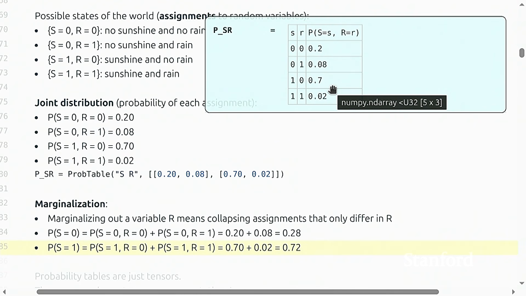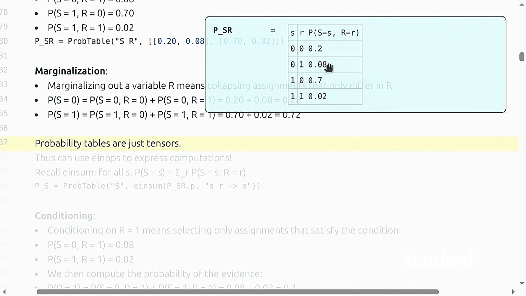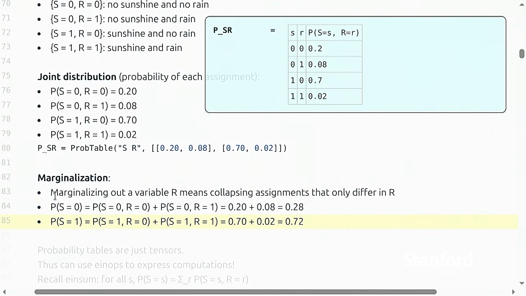If you marginalize multiple variables, then you're collapsing potentially many more rows as well. The output of marginalization is a table that is smaller.